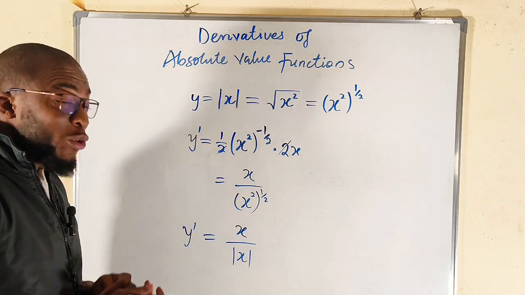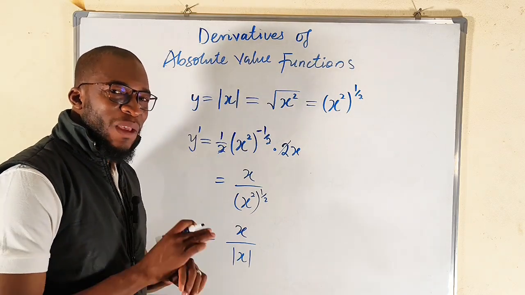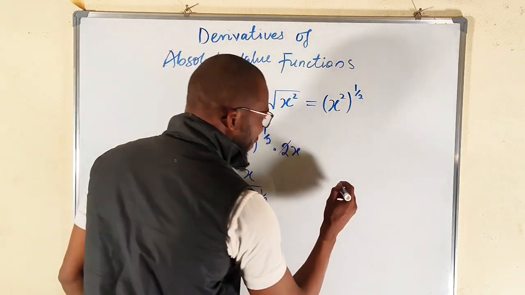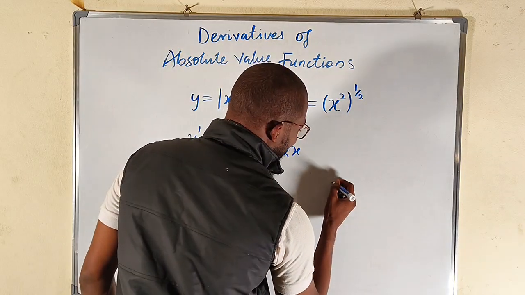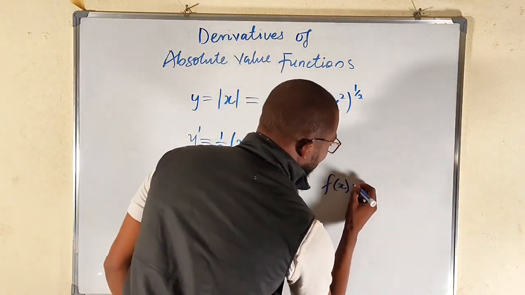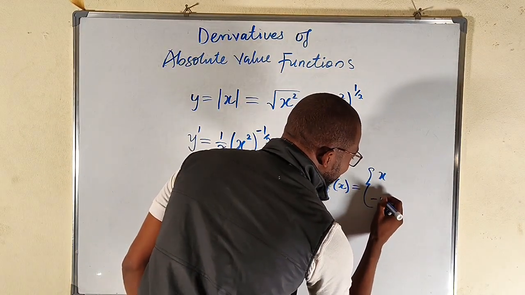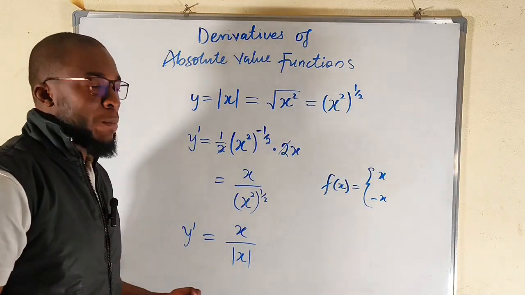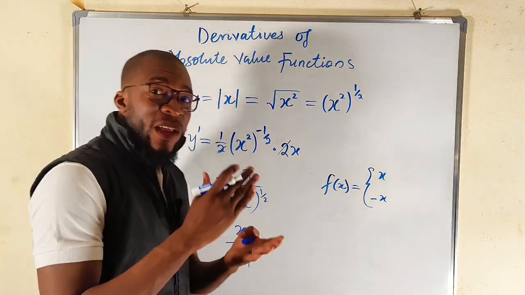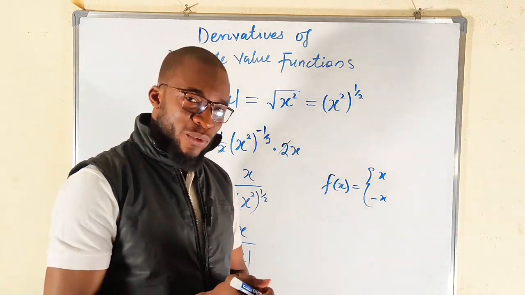But you should remember that the absolute value of x is a piecewise function, right? If you have your function f of x, it is either x or negative x. It depends on the value, whether it is negative or positive, the absolute value will always transform it to positive.